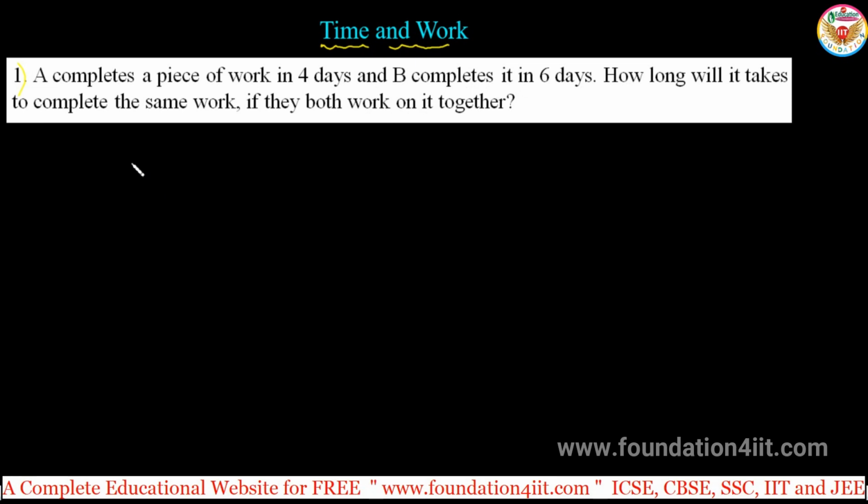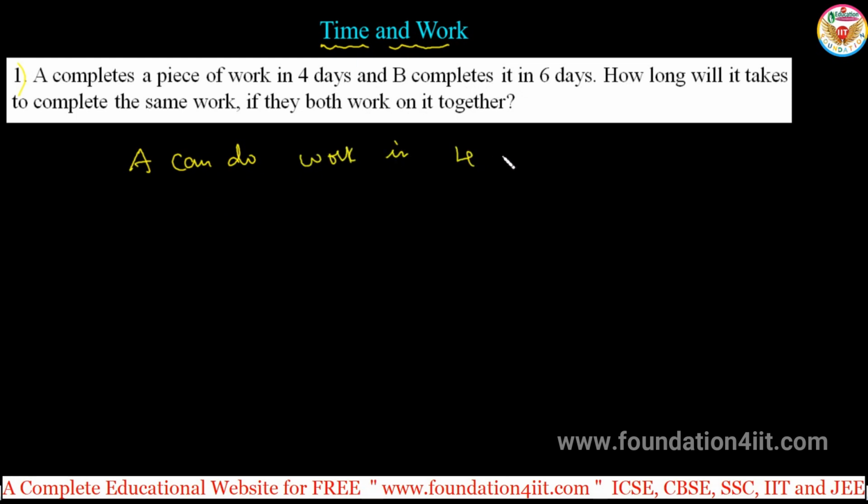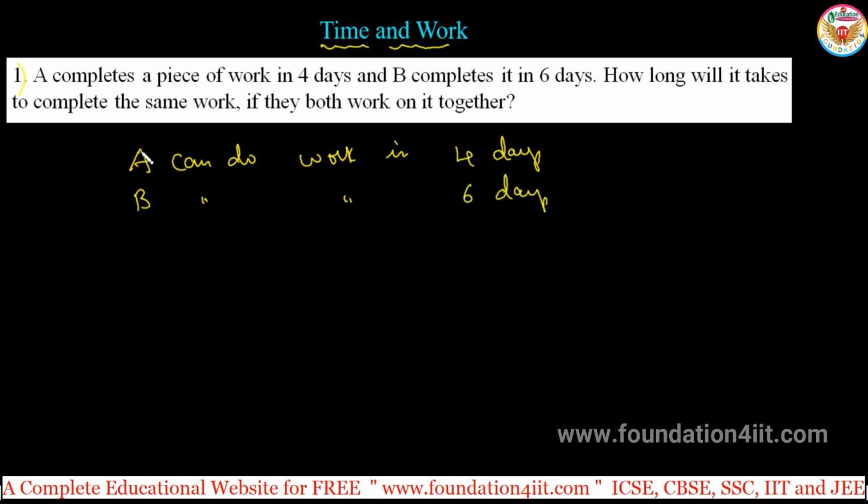First line is given: A can do work in 4 days, and B completes it in 6 days. So B can do the work in 6 days.